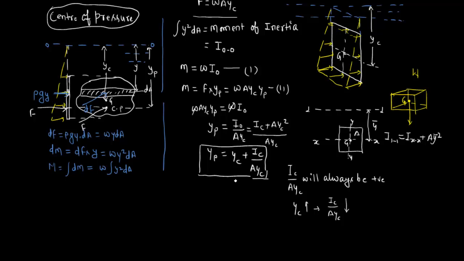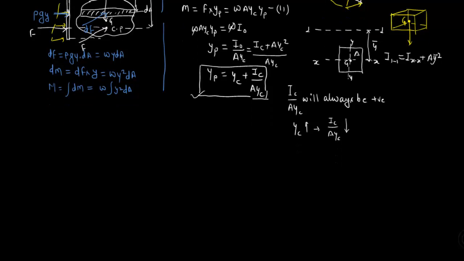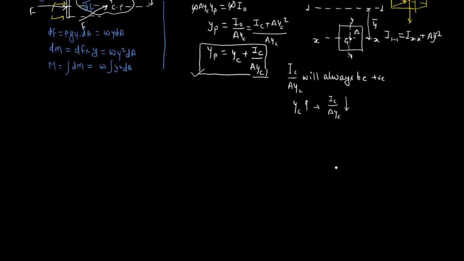First we will check the center of pressure by using this formula, and then I will show you how I'm saying that the center of pressure is the center of gravity of this pressure intensity diagram. Just a minute. So this is our free surface.